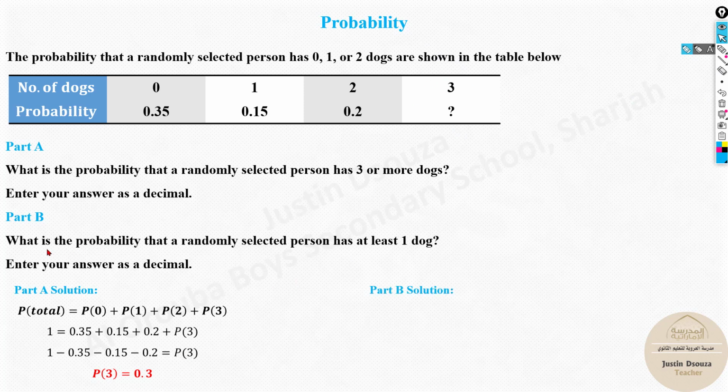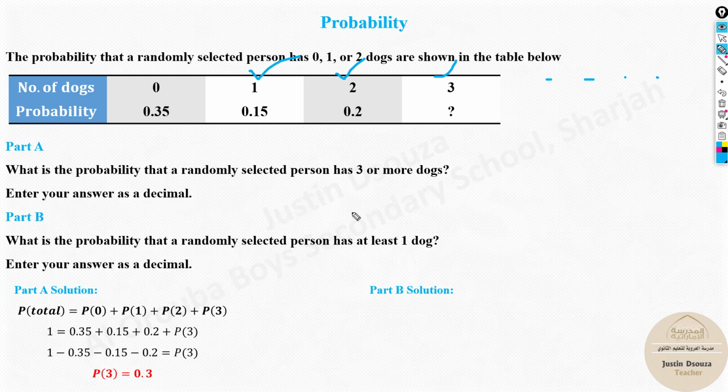Now, what was the next one? What is the probability that a randomly selected person has at least one dog? There are plenty of ways to solve it. One way would be very simple. At least one dog would be 1, 2, 3, and so on, right?